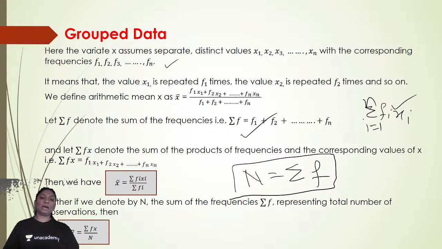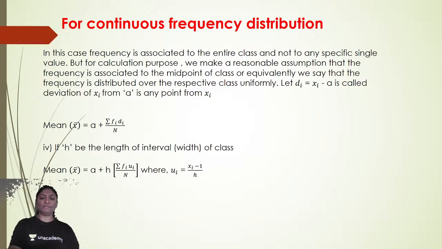Then x bar is equal to summation of fx upon N. Now we will use this formula to find the average for grouped data. We will see every type of example for grouped data, for discrete data, and for the continuous frequency distribution.